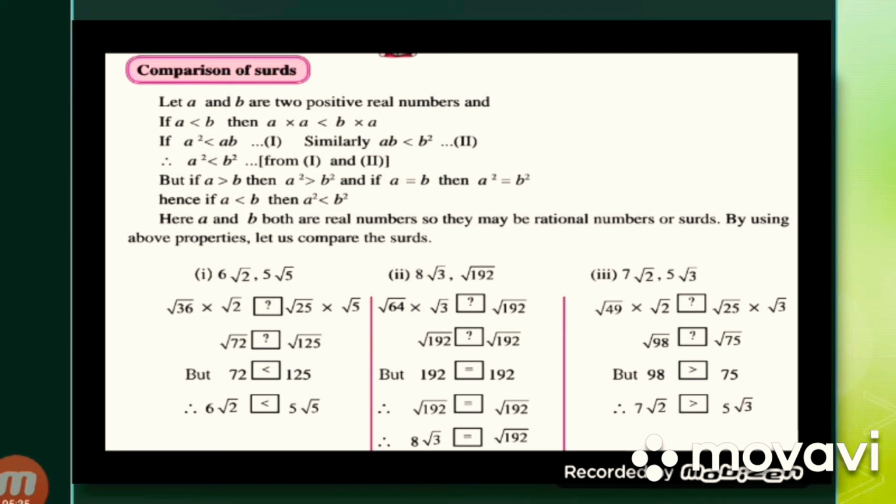But if a is greater than b, then a square should be greater than b square, and if a is equal to b, then a square should be equal to b square. Hence, if a is less than b, then a square is less than b square. Here a and b both are real numbers, so they may be rational numbers or surds. So applying the above properties, we can compare surds.